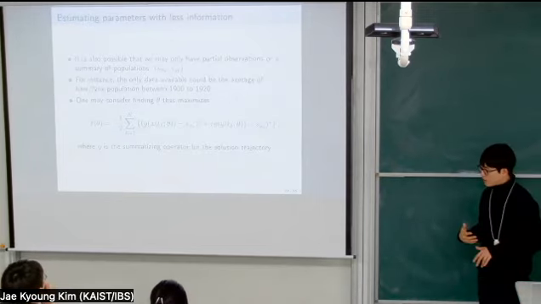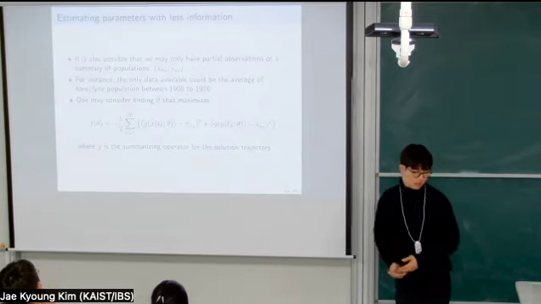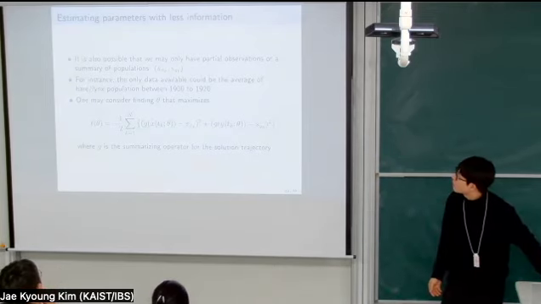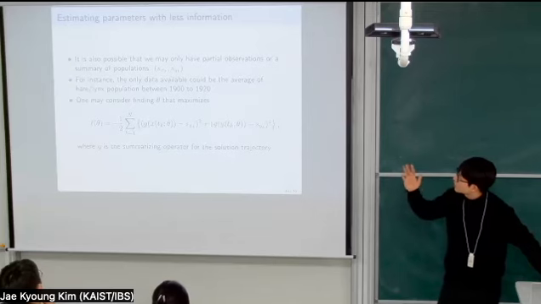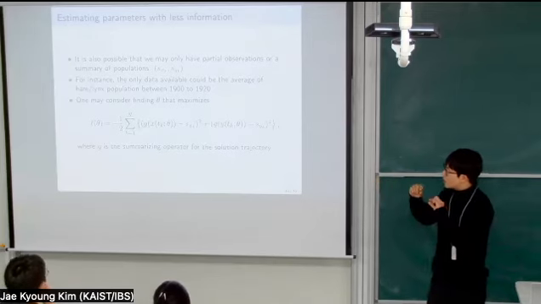You could also formulate it into a much more complicated case where you don't have complete observation of the data over the whole region from 1900 to 1920, but say you only have a summary.